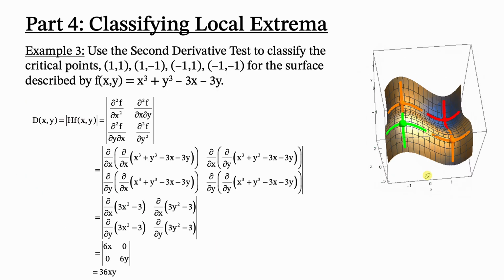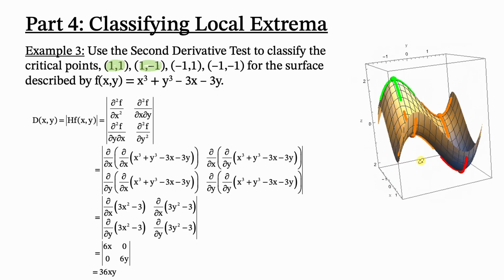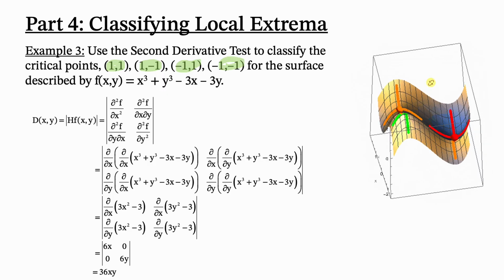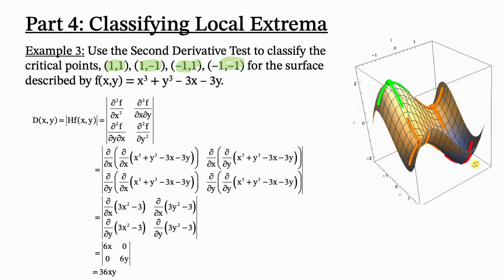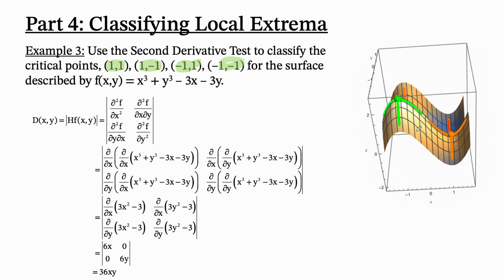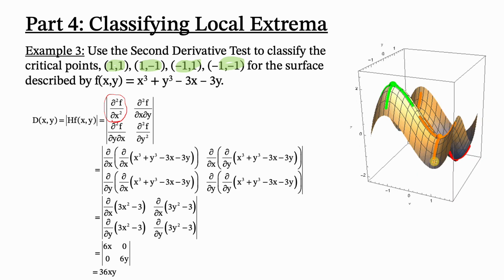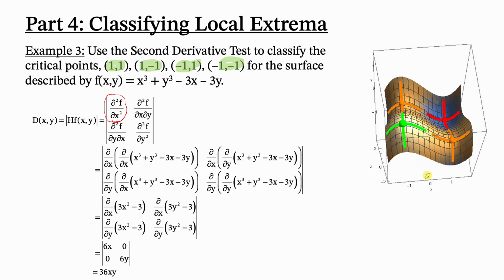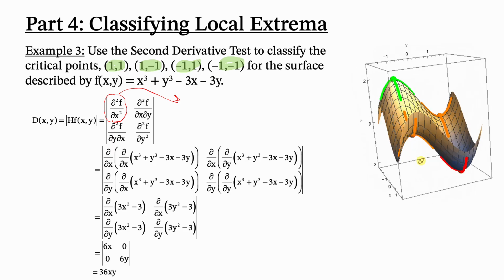So let's actually do this with the problem we were working on. Remember, we had 4 critical points, (1, 1), (1, -1), and so on and so forth. So let me walk you through the calculation here. You can see I unpacked what this notation means, because this says the second partial derivative of f with respect to x.